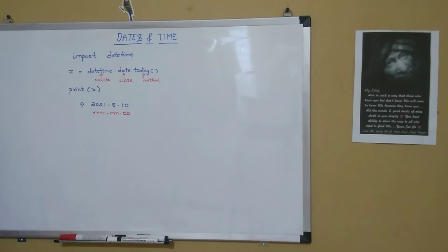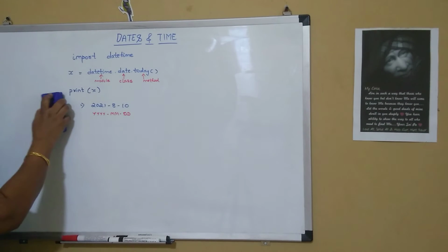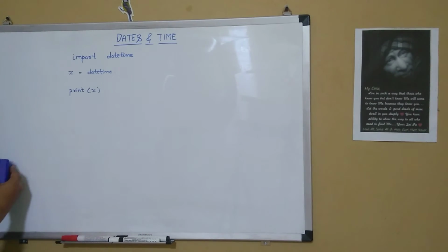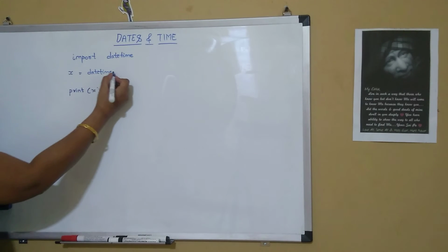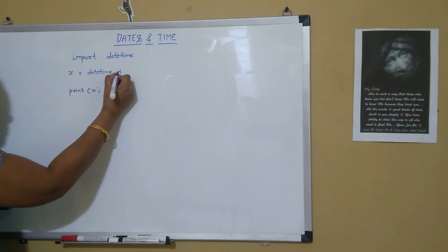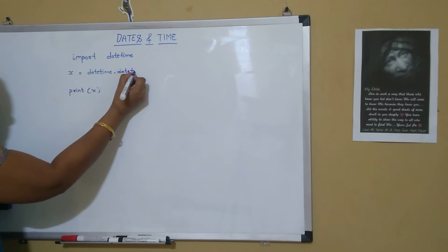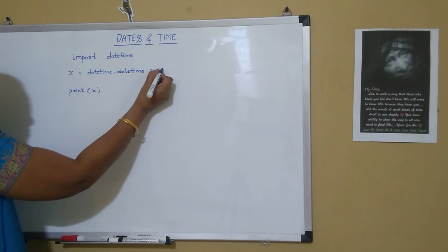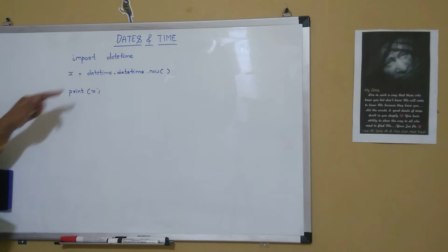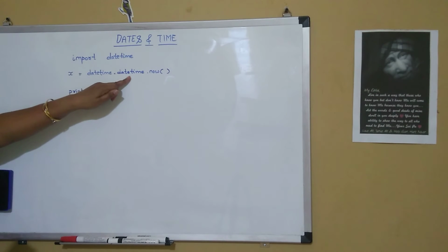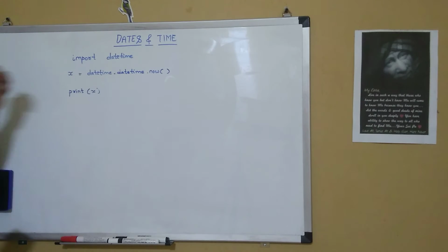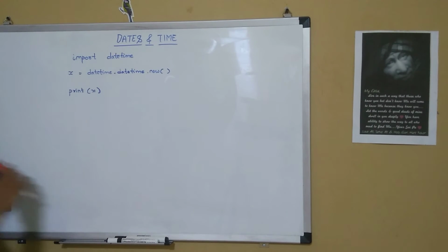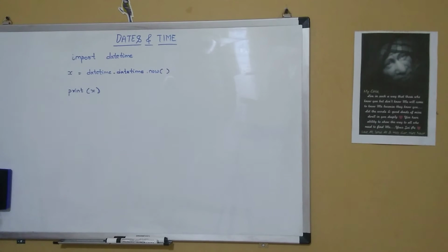Now if I want to get today's date as well as the time, how do we go about it? For that, I first write the datetime module, within it the datetime class, and then the now method. So this is the datetime module, this is the datetime class, and this is the method. Now when I print x, it will print today's date and the current time.